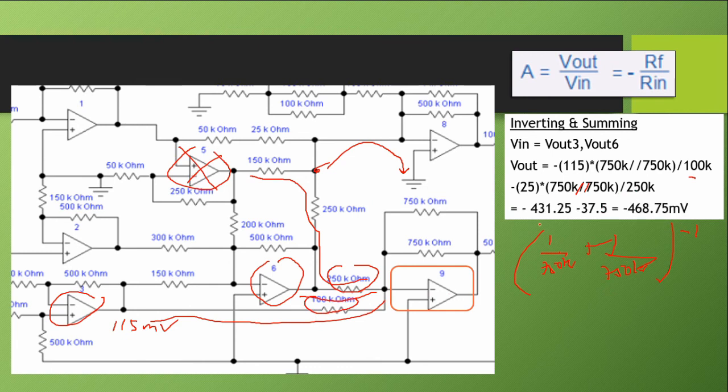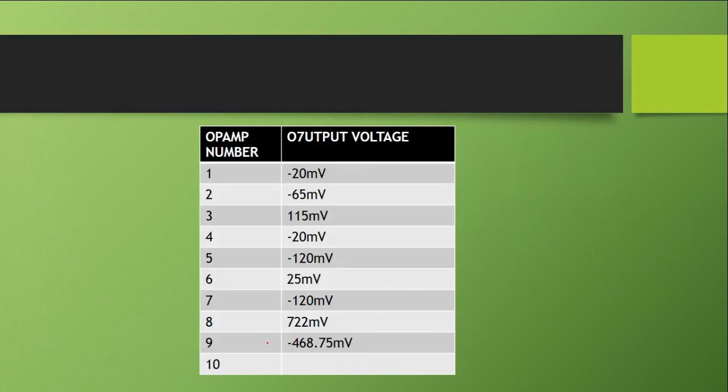So the result is negative 41.25 minus 37.5, which is equal to negative 468.75 millivolts for op amp 9. So for op amp 9, V out is negative 468.75 millivolts.